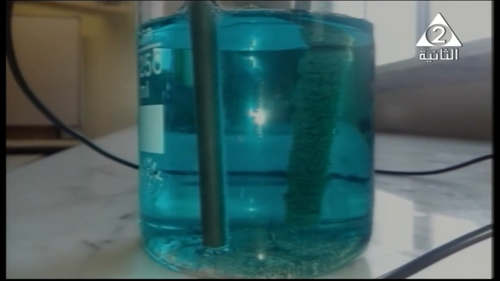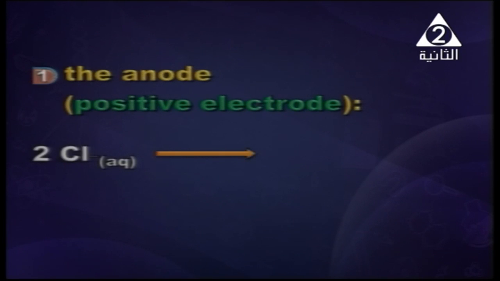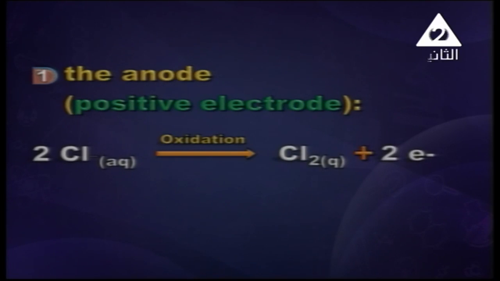As you see, number one, at the anode, which is the positive electrode, Cl- loses an electron during the oxidation process to form Cl2 gas, which evolves at the anode, plus 2 electrons that transfer to the other electrode, which is the cathode.